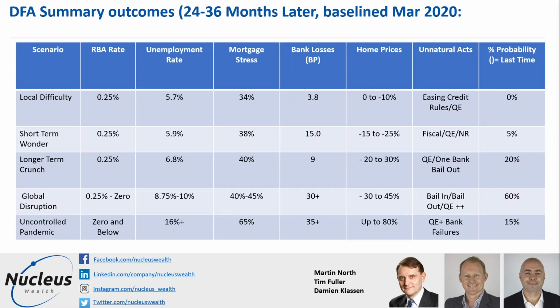So I'm looking at home prices dropping 20 to 30% or 30 to 45%. And remember that if you build the average home price up from the bottom of land, construction costs and amenity costs, on average, prices in Australia are still 40% over where they should be based on any ratio you'd like to mention. So there's plenty of opportunity for prices to fall. And so that's where I'm putting my stake in the ground at the moment based on the data that I've currently got.